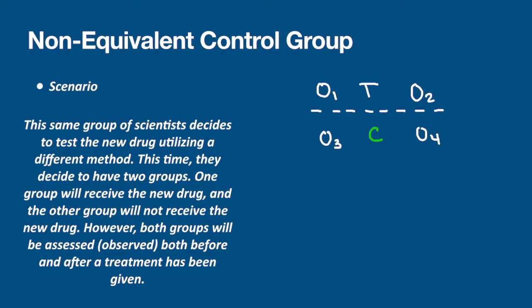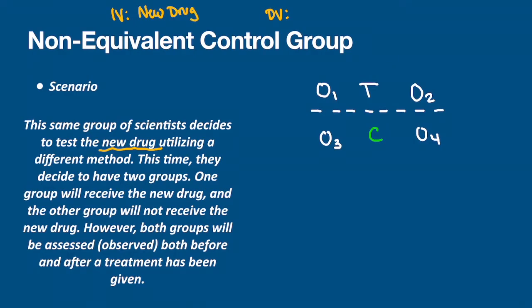So let's identify what's taking place here. Let's start with what we've done previously. Let's identify what the independent variable is and what the dependent variable is. So we would say with great certainty that our independent variable is this new drug, and previously we called it the experimental drug, but it's the same thing.